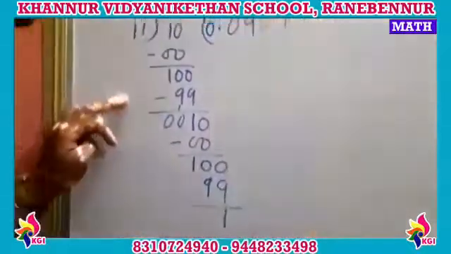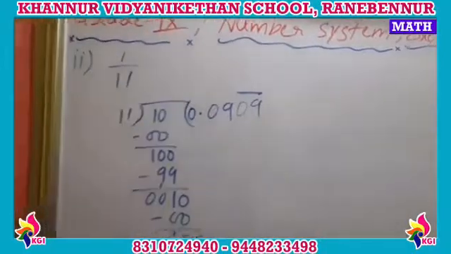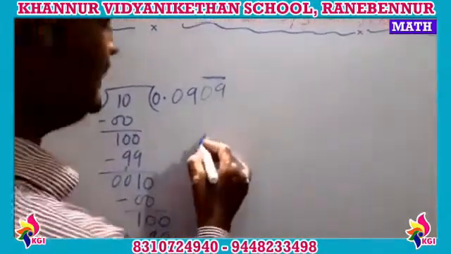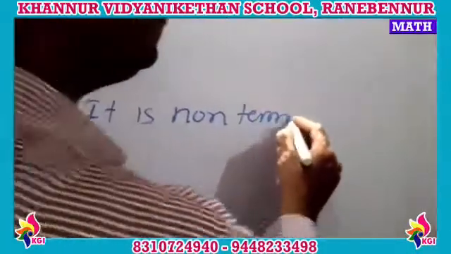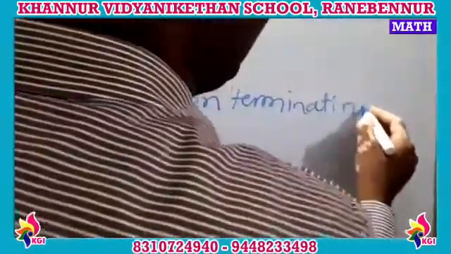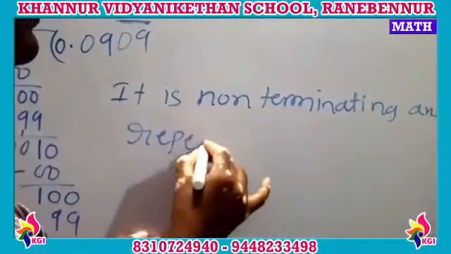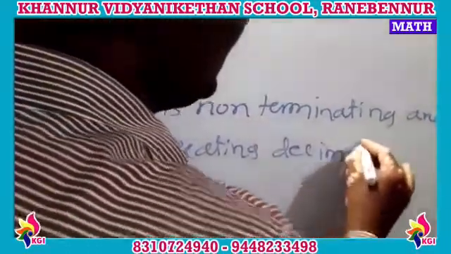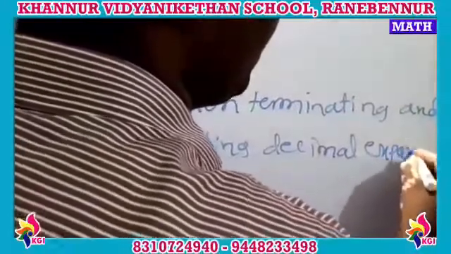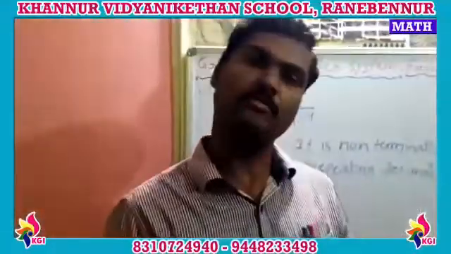So that it is called, yes, non-terminating and recurring or repeating decimal expansion. Okay, so understood children now? What is this, recurring and non-recurring? We go for the next one now.